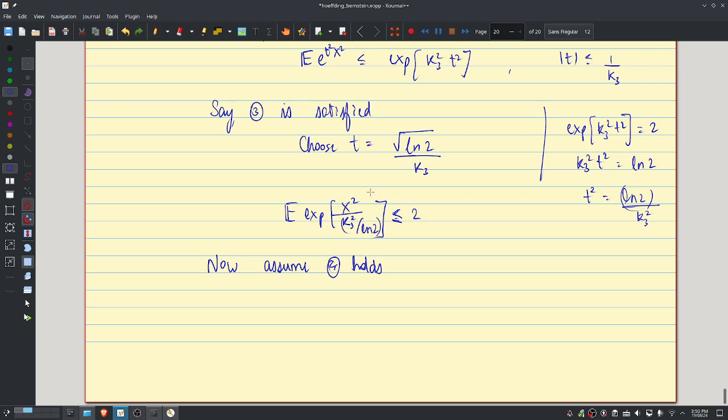So definitely any larger constant is going to satisfy this particular inequality, which means that there exists some k4 which is less than or equal to k3 divided by square root of log 2, which satisfies this. That's the statement, right? It's not that any k4 less than or equal to k3 divided by square root log 2 satisfies this. There is one, and that is enough.